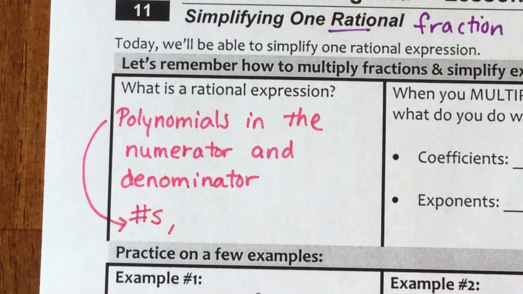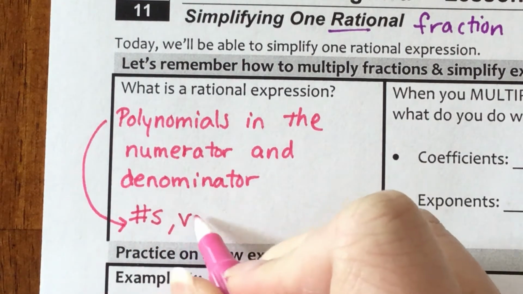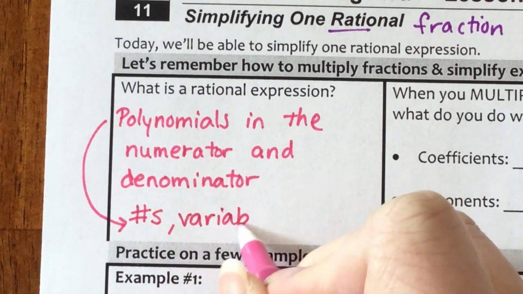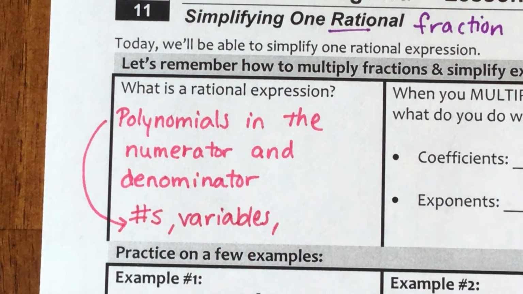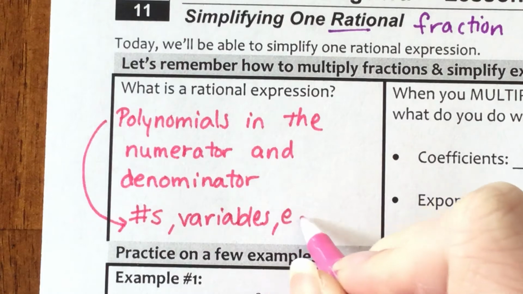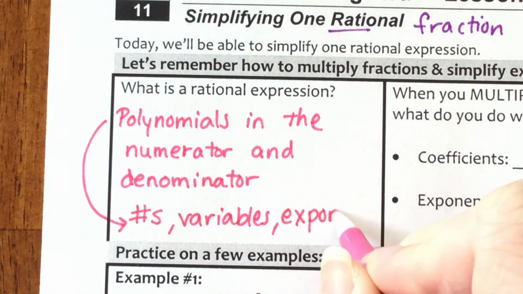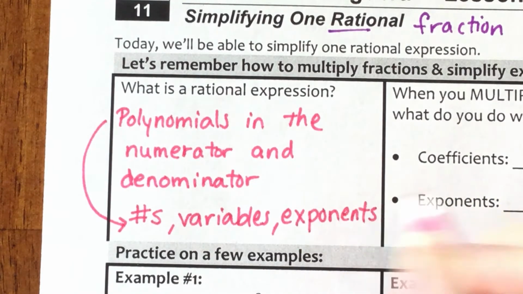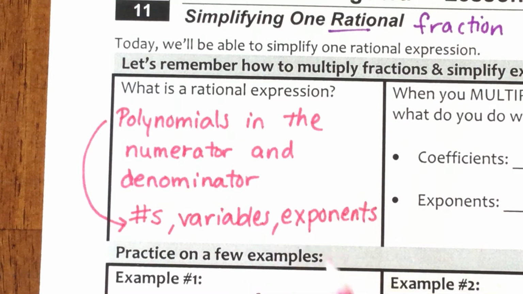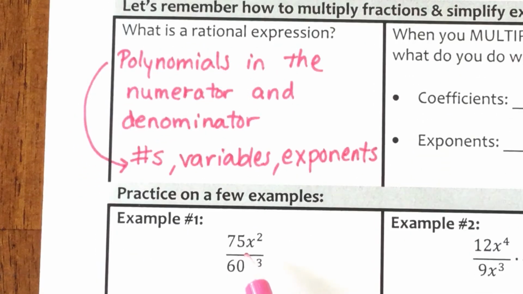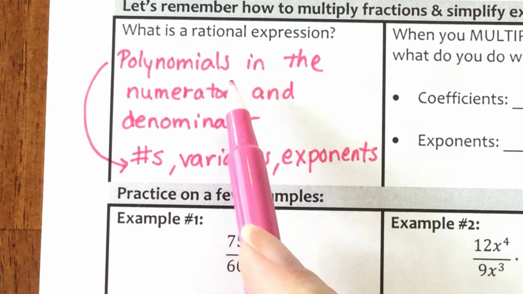It can have letters or variables. And it can have exponents. But the exponents themselves have to be numbers. Okay, so the variables have to be like an x, and then the exponent has to be a number. It can't be like 2 to the x power, which would be an exponential function, not a polynomial.